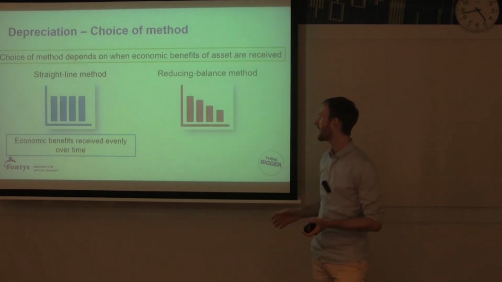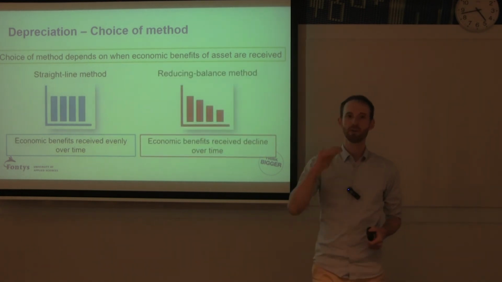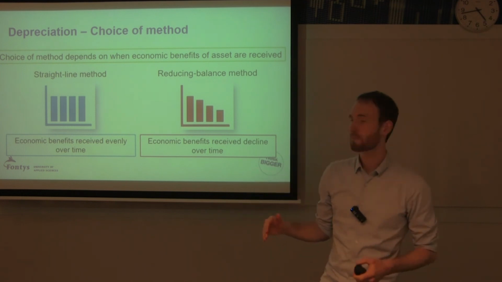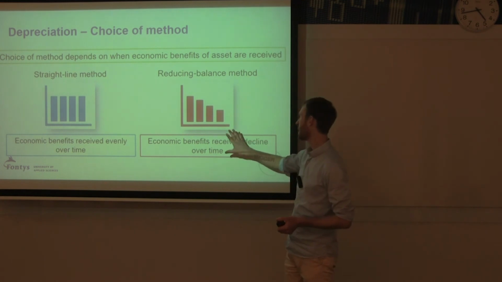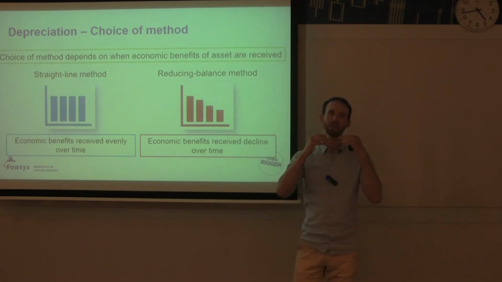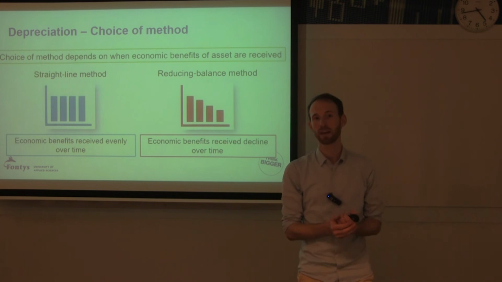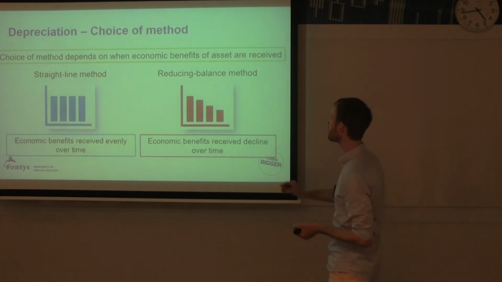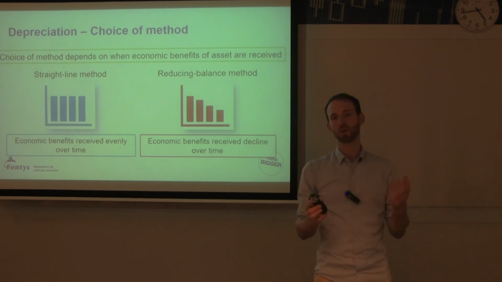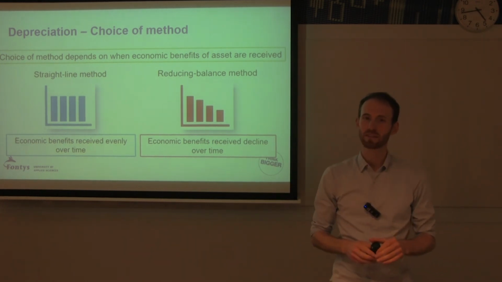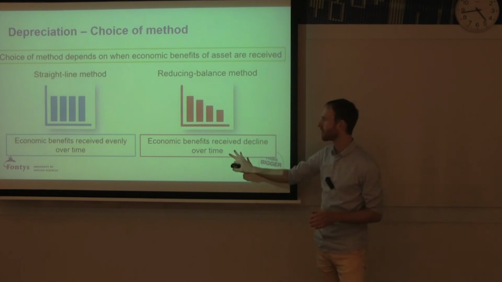But if you feel like the asset actually reduces its performance over time, and the economic benefits are higher at the beginning and lower at the end, then you would use the reducing balance method. And of course, you can now think of different types of assets that might relate to these categories.